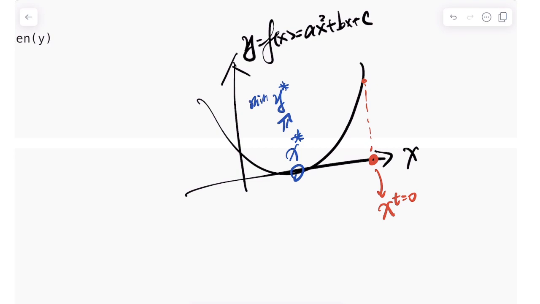But you can draw the tangent line right here, and the next step you take is to go to the opposite direction of the tangent line, which is the left.